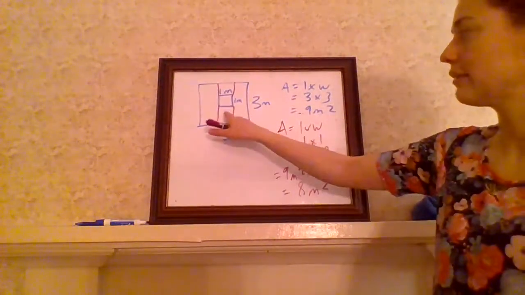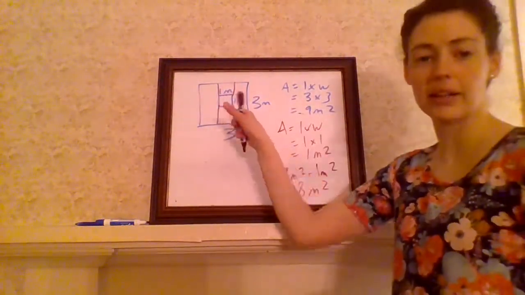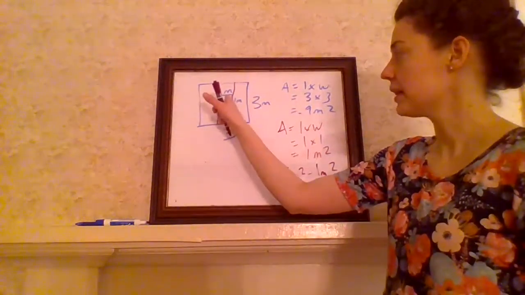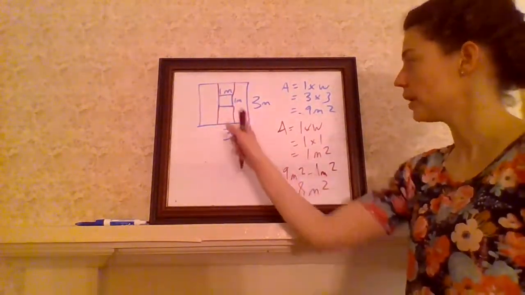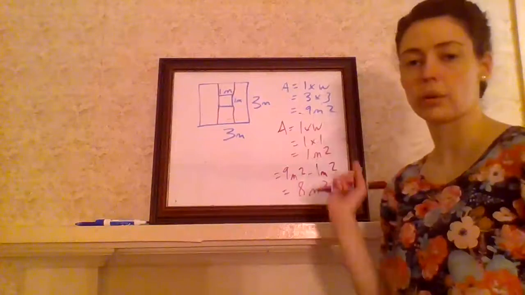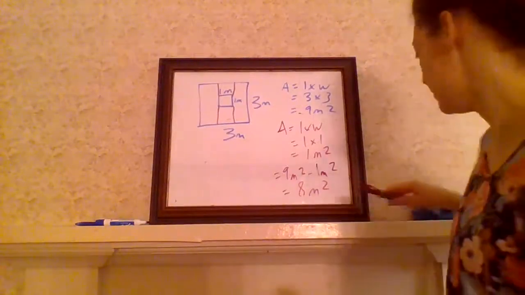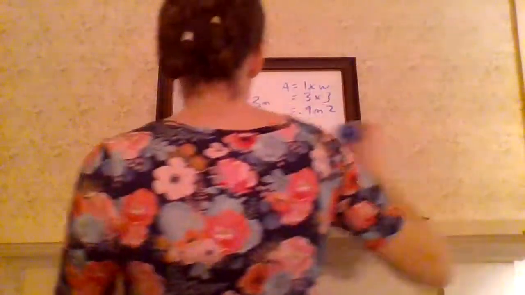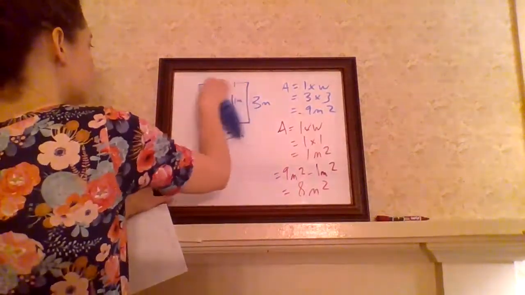So we don't have to find all these little parts and add them together. We know if we take that away, we will find what is left here. So it's 8 meters squared. So that's much easier.